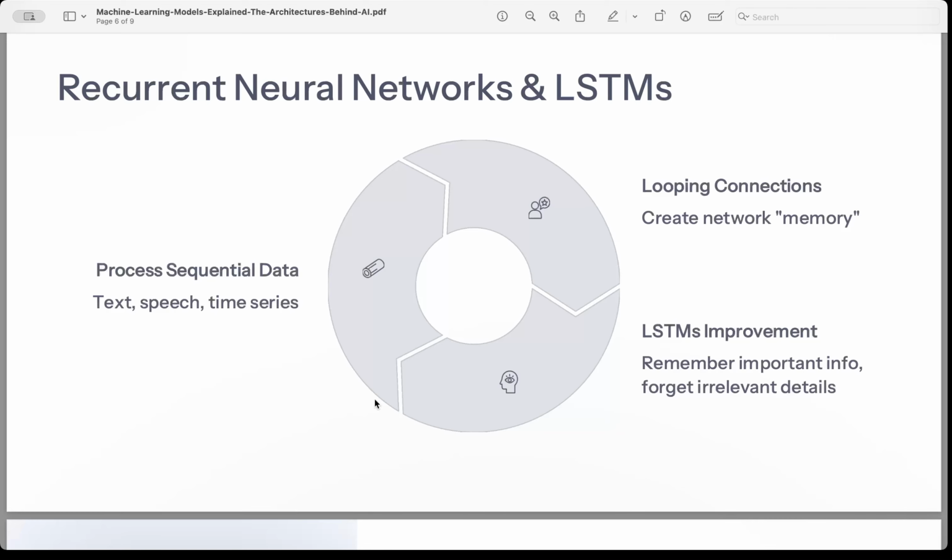And LSTMs, or long short-term memory networks, improved on RNNs by allowing the model to remember important information for longer while discarding irrelevant details. They were a breakthrough in natural language processing before transformers arrived.